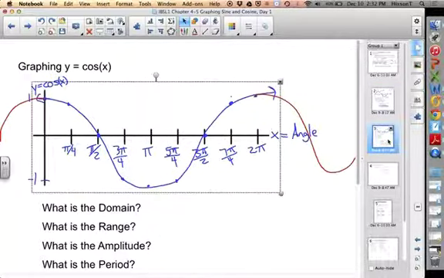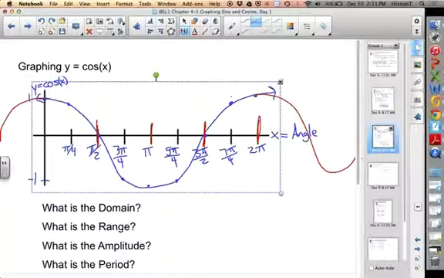Any questions about that graph? Is this like the same thing where it divides into fours? Yes. There's your first quadrant, second quadrant, third quadrant, fourth quadrant.